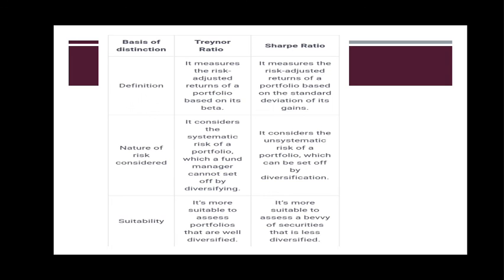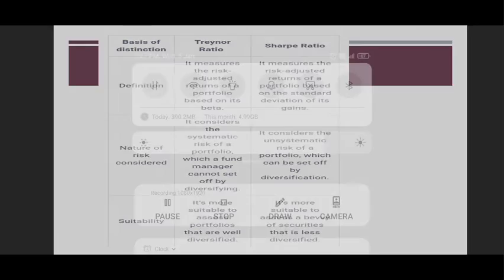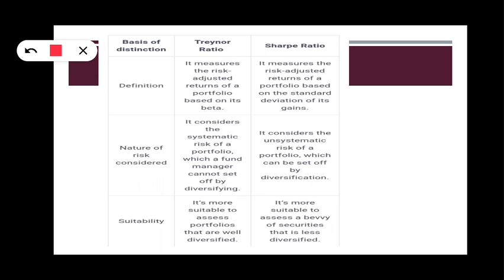Sharpe ratio is useful when the portfolio is not diversified. It measures the risk-adjusted returns of a portfolio based on its beta here, and on the basis of standard deviation there. So the main difference is beta versus standard deviation, portfolio diversified versus less diversified, systematic versus unsystematic risk. Thank you.